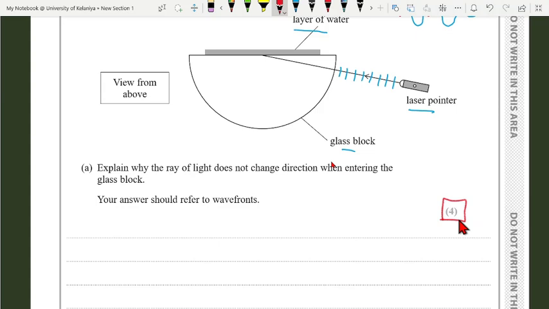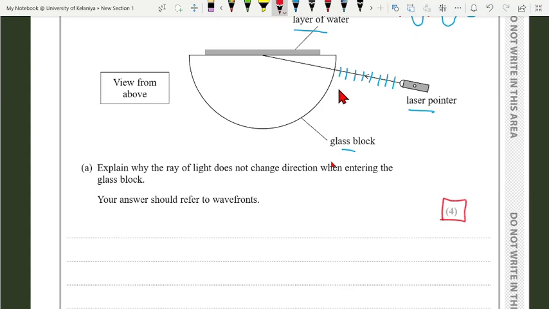To understand what's going on, first you should know the wavefronts are parallel to the boundary. That is the first point. All the points on the wavefronts enter the glass at the same time, so there's no deviation.